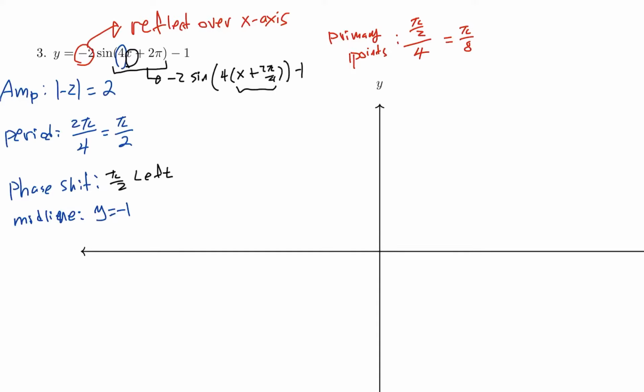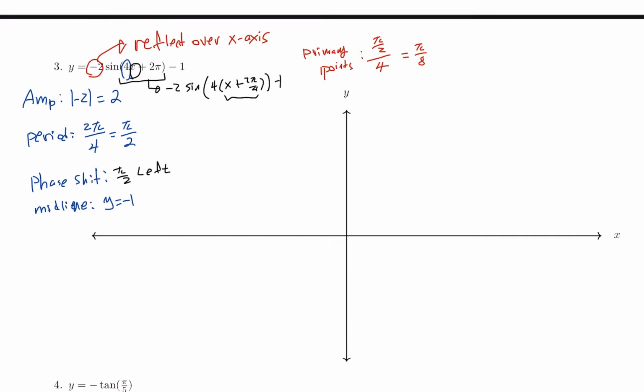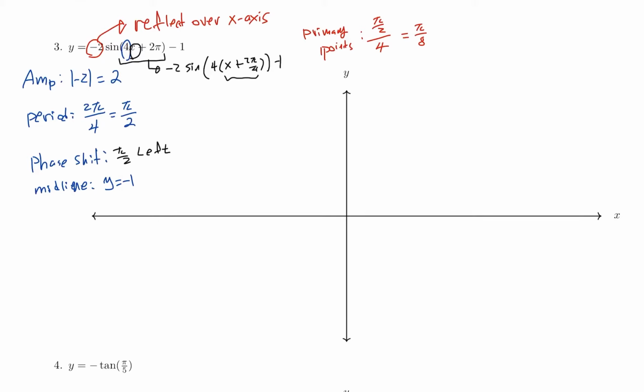That means when I mark the x-axis, it increases by pi over 8 at a time: pi over 8, 2 pi over 8, 3 pi over 8, 4 pi over 8. And as you can notice, 4 pi over 8 is the same as pi over 2, which we got as the period. Okay, that's good.